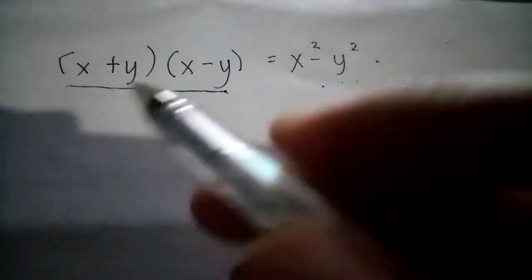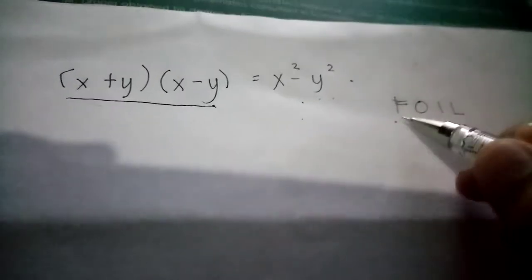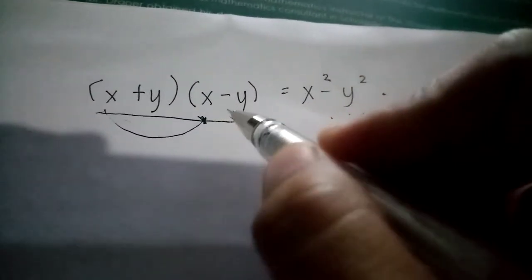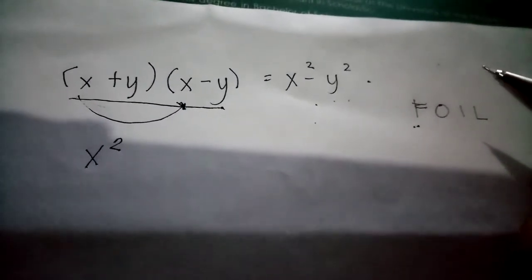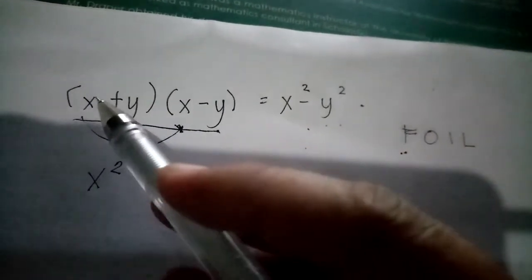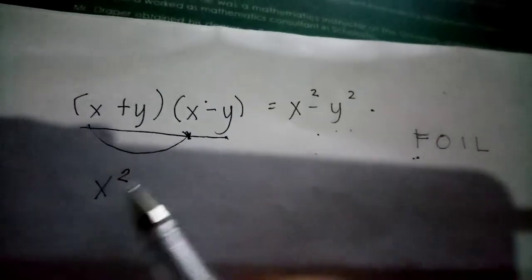So, to use the FOIL method, this is the first term to first term. That is x times x is x squared, because the law of exponent in multiplication is addition. So, x squared, we add the exponents when we multiply.